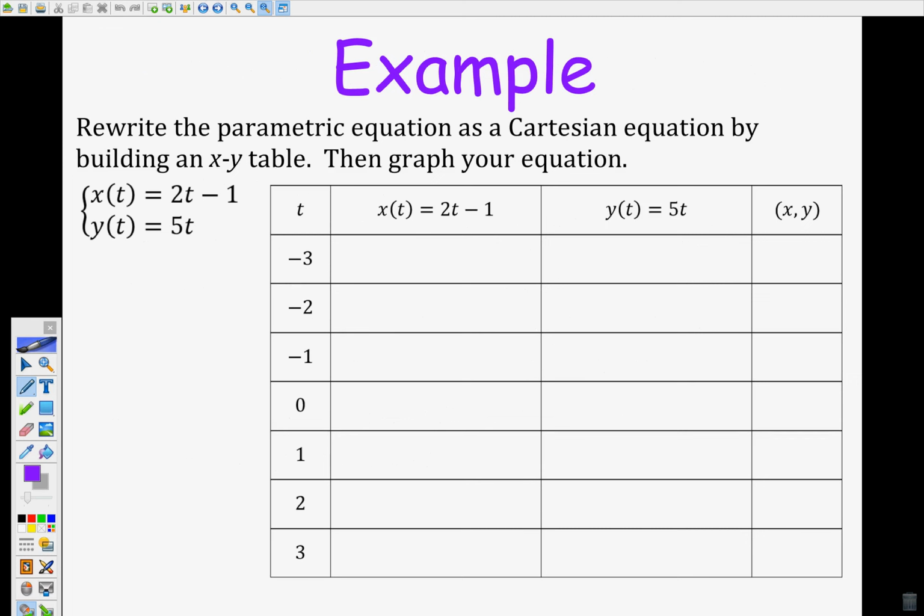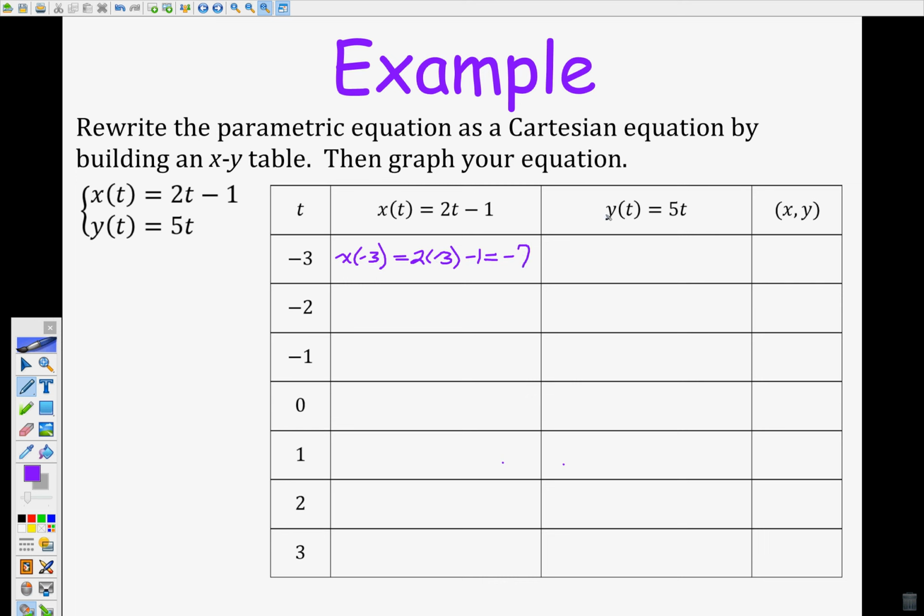So in our first example, we're going to rewrite the parametric equation as a Cartesian equation by building an xy table. And then we're going to graph our equation. So I'm going to start by taking time of -3 and plugging it in to x of t to get our x value. So x of -3 is equal to 2 times -3 minus 1, which is -6 minus 1, which is -7.